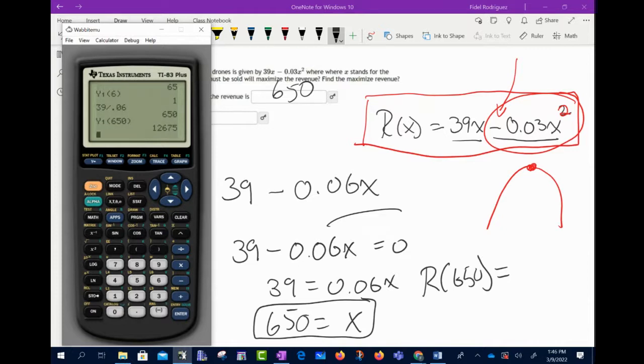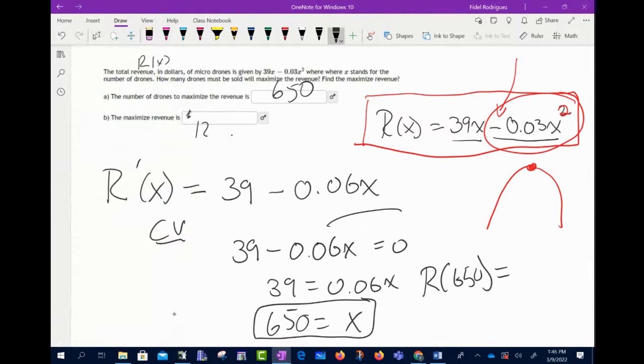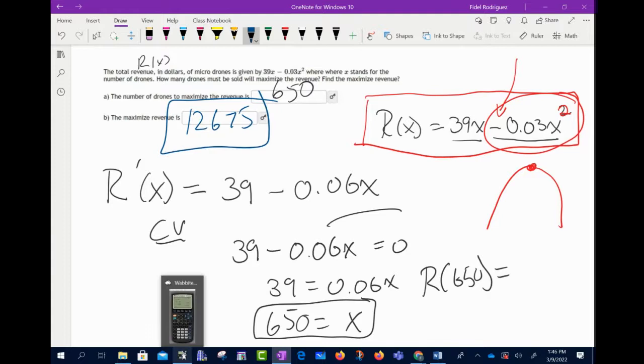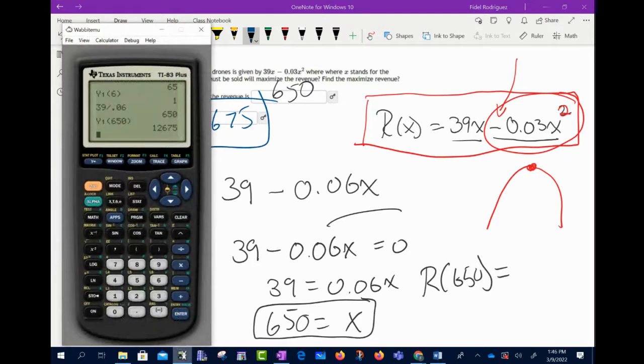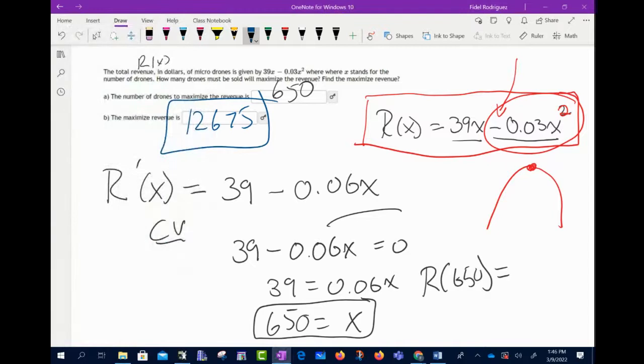And I'm coming up with 12,675. And there it is right there. 12,675. And we found our maximum revenue.